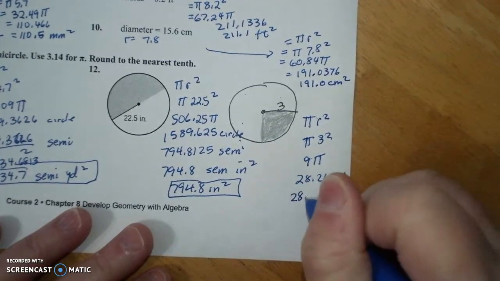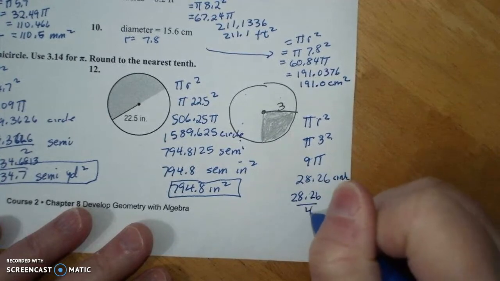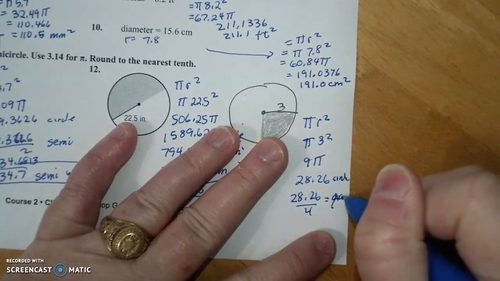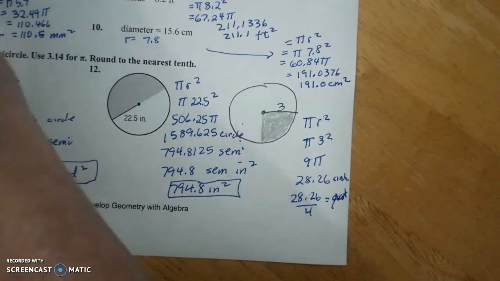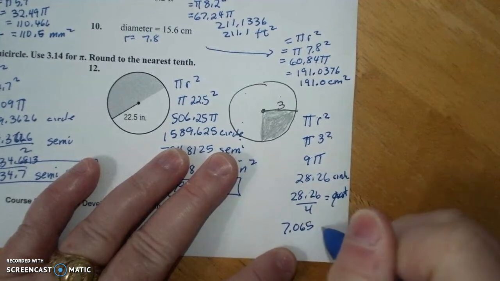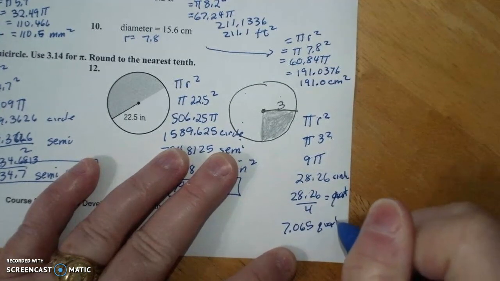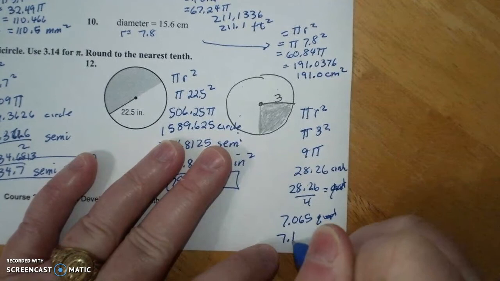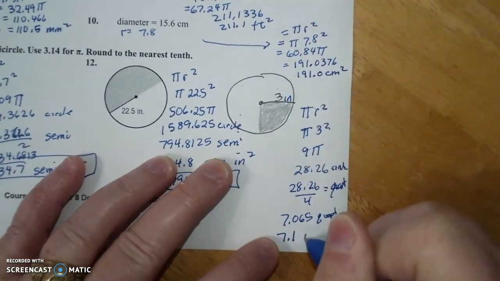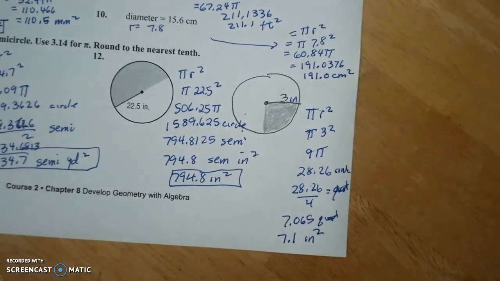Then 28.26 divided by 4 equals quarter. And that is 7.065 for quarter, which is 7.1. Put this as inches squared.